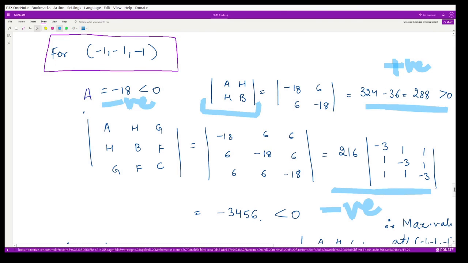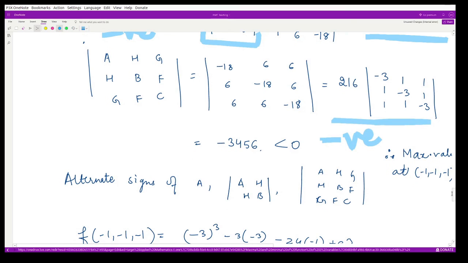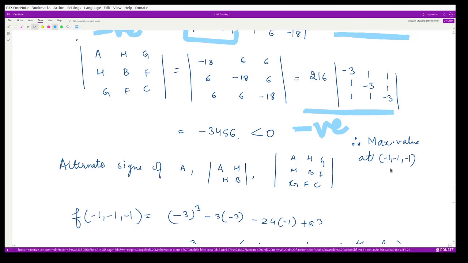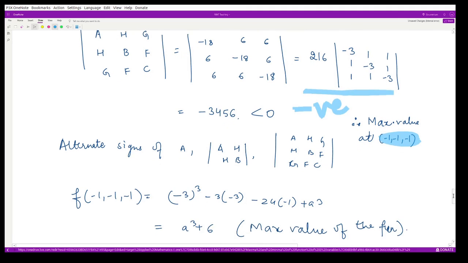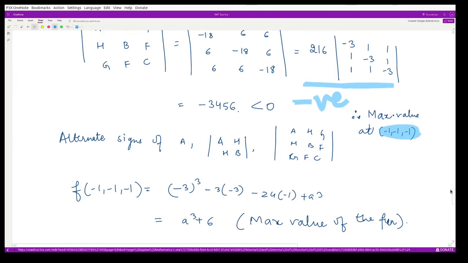So that means you obtain a maximum value at the particular point -1, -1, -1 because of the alternate signs. So that means you will have a maximum value here. And what is that maximum value? You can substitute this point in the given function. So it comes out to be a cube plus 6. So this is the corresponding maximum value of the function.